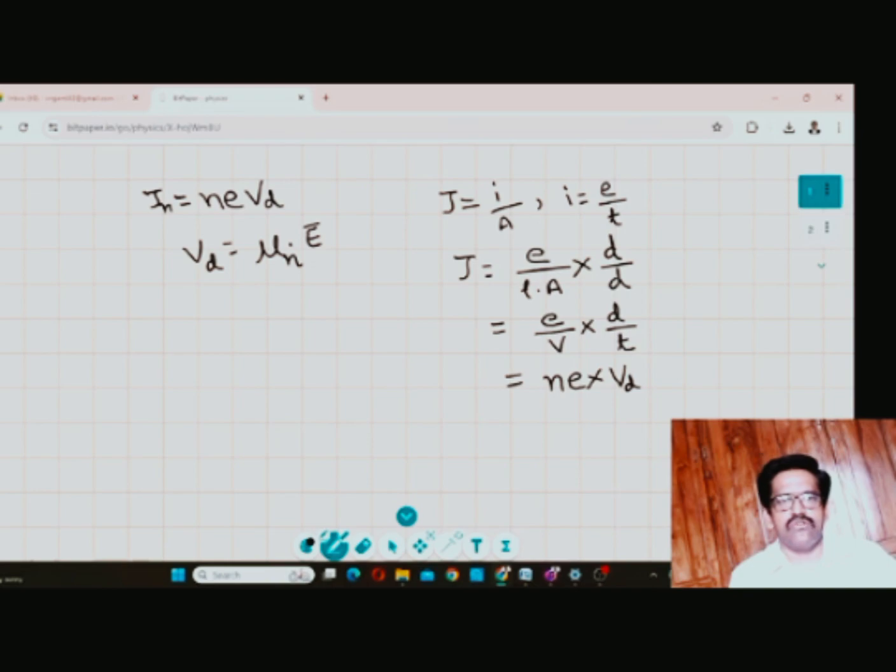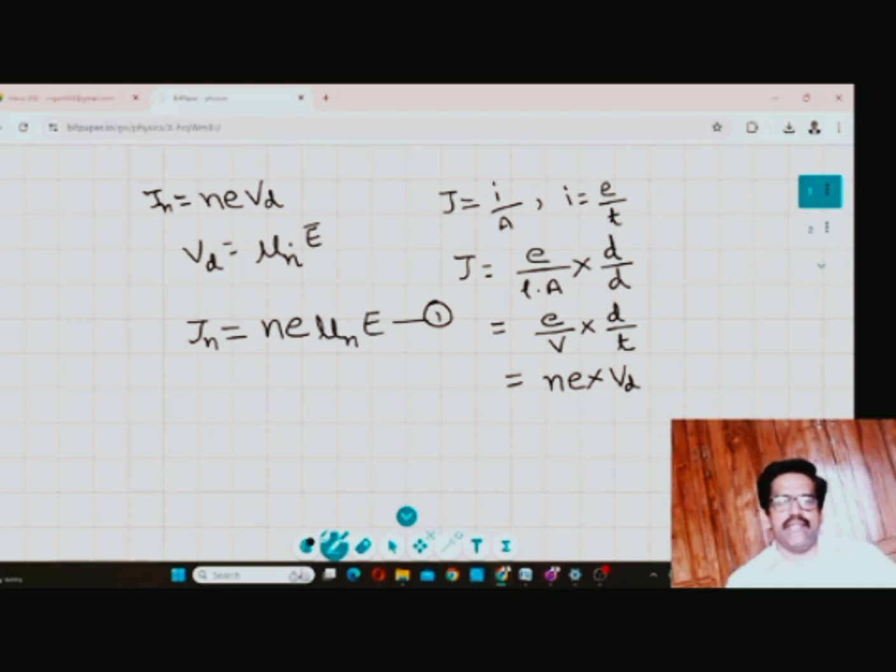So finally, the drift current density for an n-type semiconductor is Jn equals n e mu n E. Let this be equation 1.